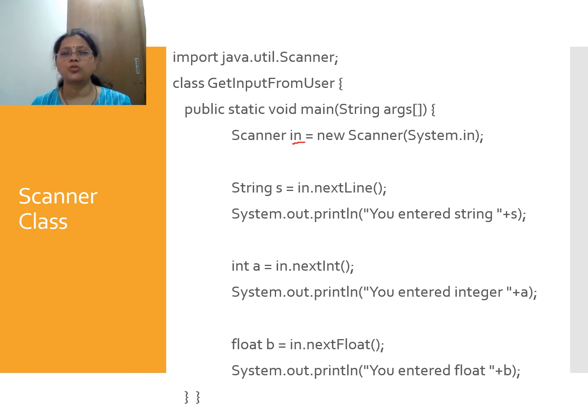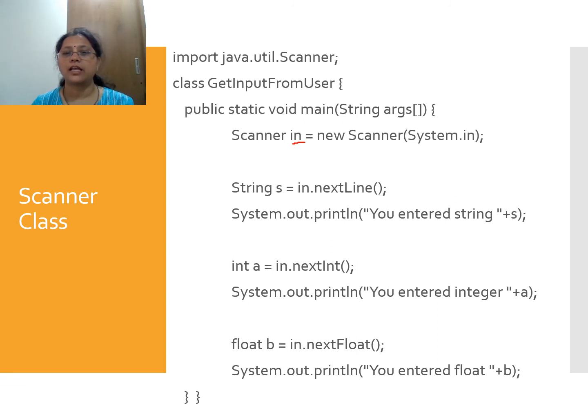In is the object created which is of type Scanner. Here you can see there are three different methods. Using this in object, the nextLine, nextInt or nextFloat, these three methods from the Scanner class are called.